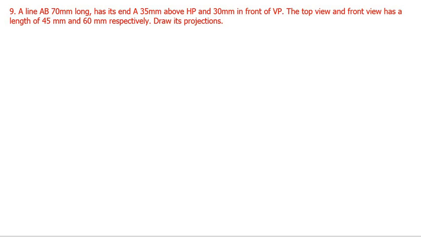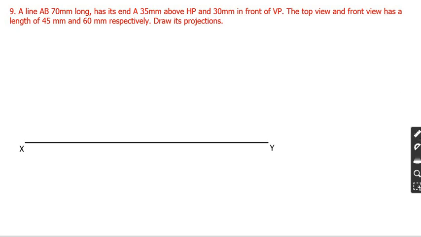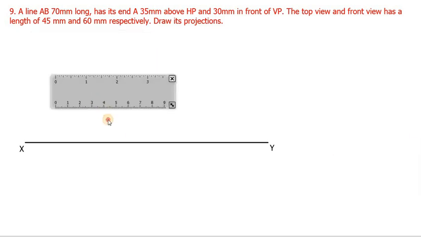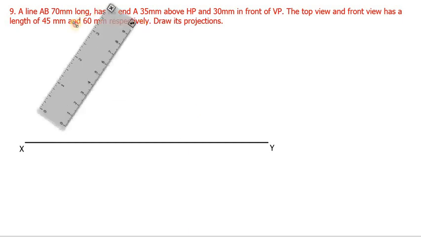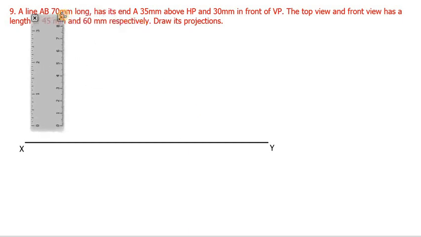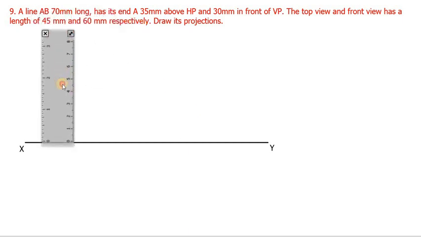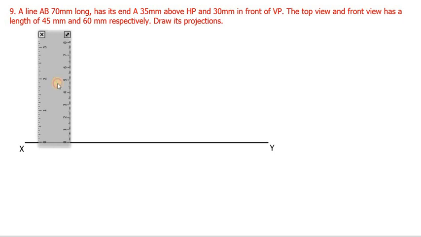So first, as usual, draw XY reference line. Then mark the point A, that is 35 mm above HP. So let us mark that point. Take the scale. So let us mark 35 mm point from the XY line.